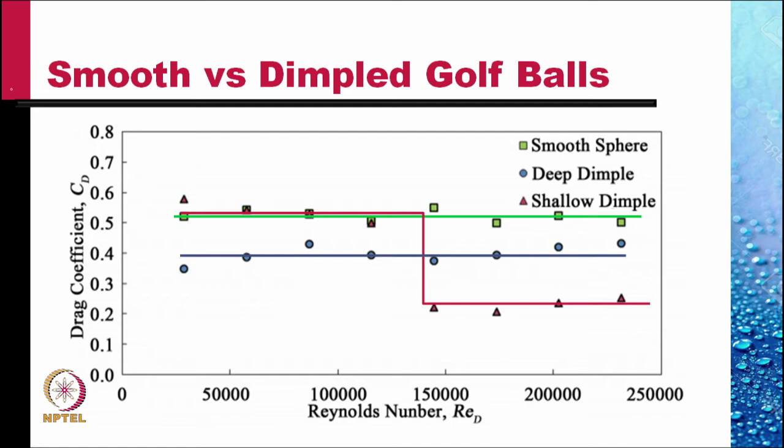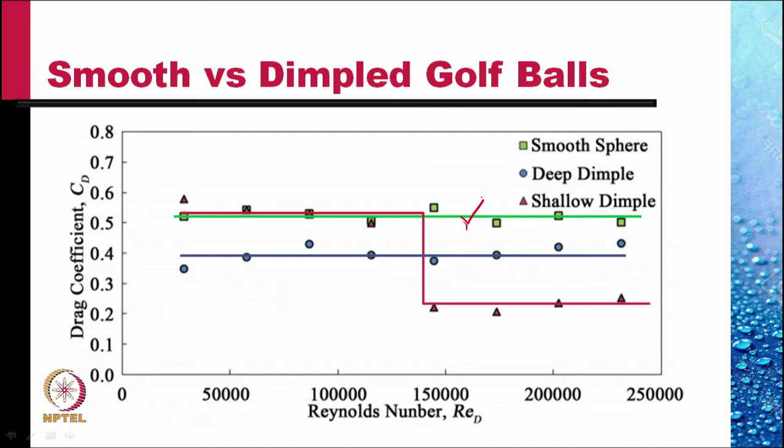This graph shows the drag coefficient on smooth golf balls versus dimpled golf balls. The green line shows the drag coefficient for a smooth sphere of the size of the golf ball within the range of Reynolds number from 50,000 to 250,000, 2.5 into 10 to the power 5.